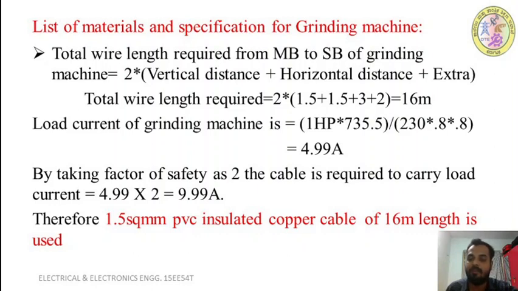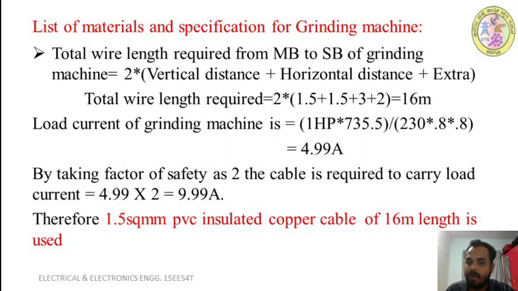Vertically, how much are we taking, vertical drop or vertical rise? This is 1.5 meter vertical rise we are taking, and this is 1.5 meter vertical drop we are taking, because the horizontal run is at the 3 meter level. Then again you have to come back to the switchboard of this grinding machine, right? First I have to take the wire from the main board, from the 1.5 meter level to the 3 meter level.